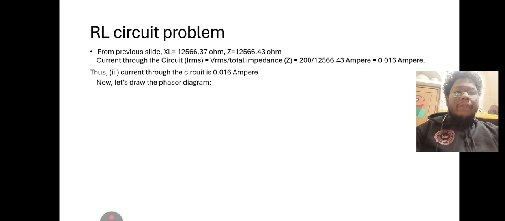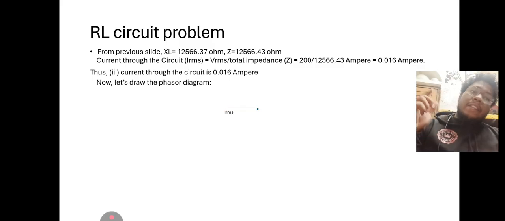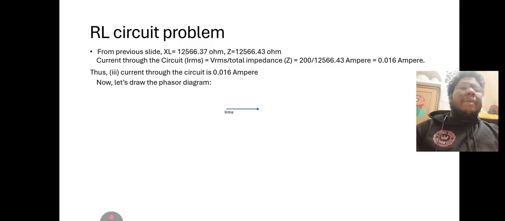So IRMS is the reference, and as we know, that reference is always taken along the x-axis for our convenience. So we'll first draw the IRMS along the x-axis, like this, and then we will move on to drawing the VR. VR is the voltage across the resistance, and from a purely resistive circuit, we know that the phase angle difference between VR and IRMS is zero.